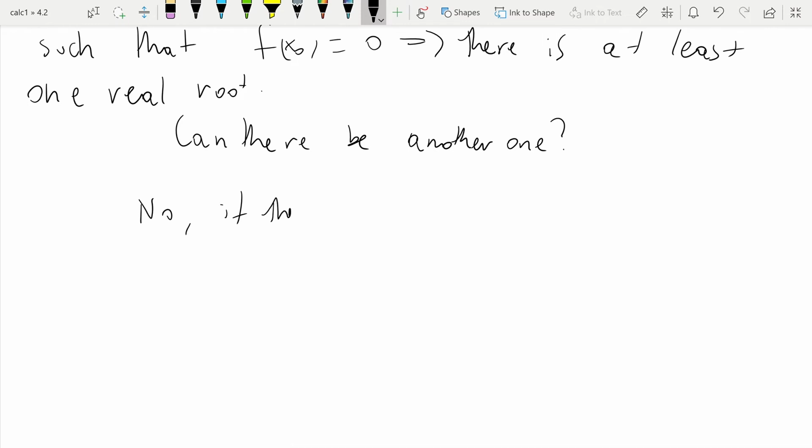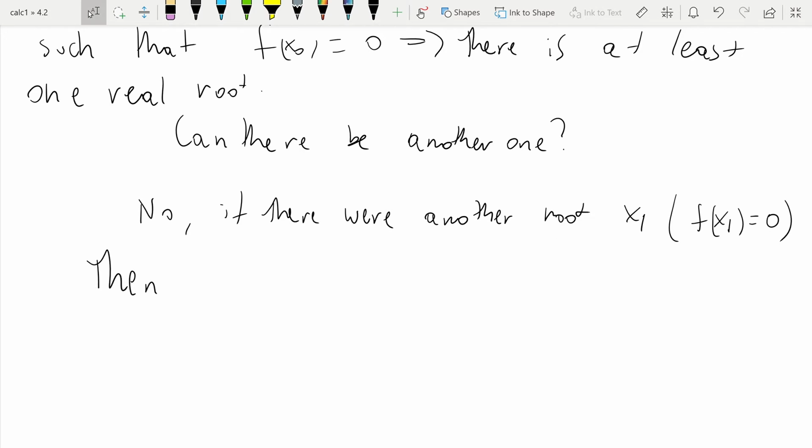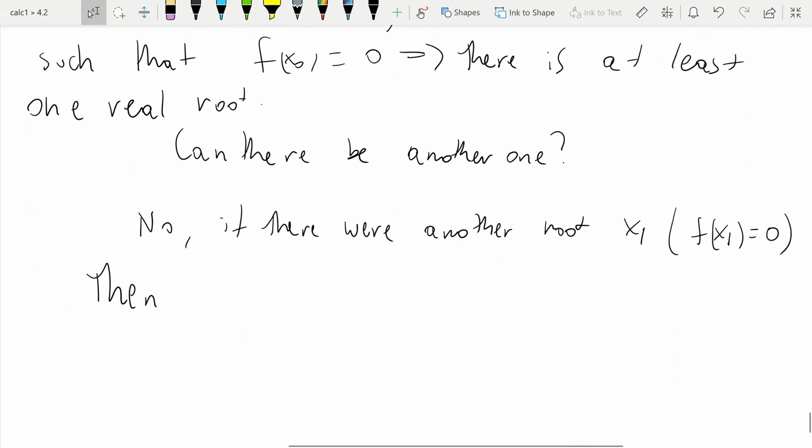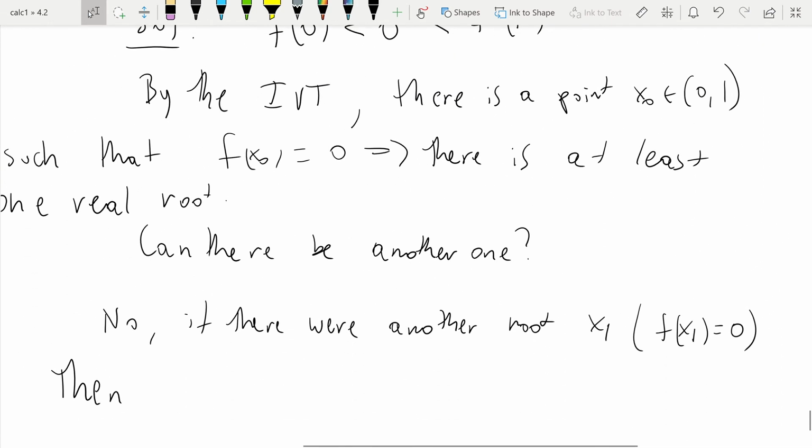If there were another root x1, that means f of x1 is equal to 0. Then the hypotheses of Rolle's theorem would be satisfied. We have two points, x naught and x1, and they're different; if not, there's only one root.